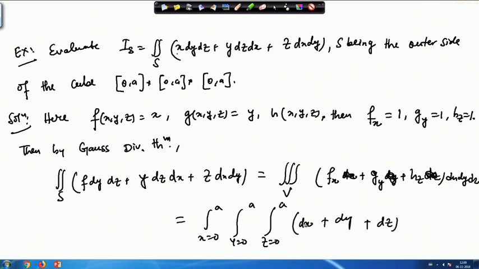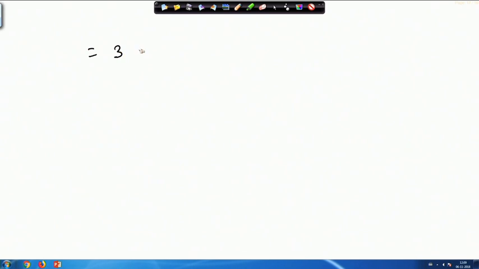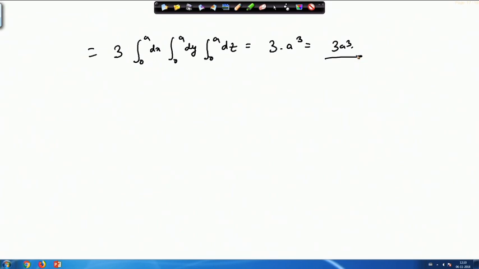That is why I was wondering why it was looking that way. So, we have dx dy dz and we have 1, 1, 1 here. This will ultimately be 3 times the integral from 0 to a dx, 0 to a dy and 0 to a dz. So ultimately we will obtain a square times a, so 3 times a cube. So, 3 a cube is the required volume integral.